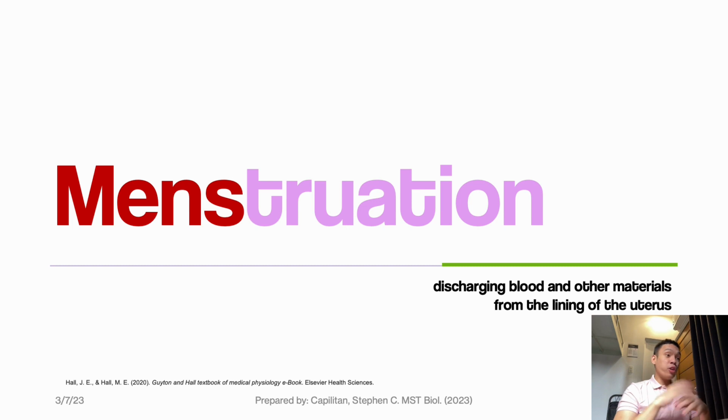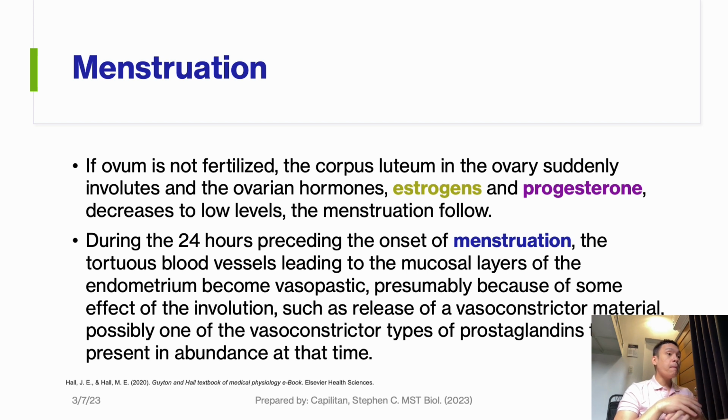Menstruation is the discharge of blood and other material from the lining of the uterus. If the ovum is not fertilized, the corpus luteum in the ovary suddenly involutes and the ovarian hormones, estrogens and progesterone, decrease to low levels, and menstruation will follow.